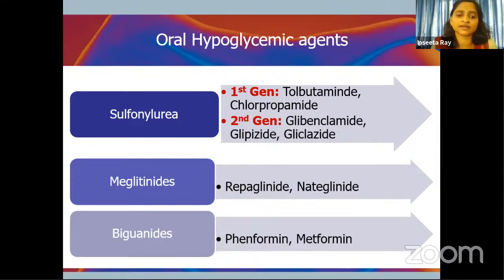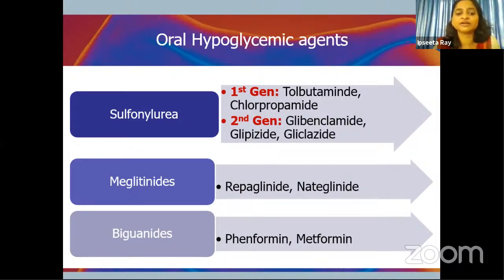Then you have meglitinides, repaglinide and nateglinide, which have action similar to sulfonylureas, but they have a quick onset of action and a short duration of action. So in case of postprandial hyperglycemia, they are the preferred drugs. Then you have biguanides. Metformin is widely used for the treatment of diabetes, so we should all know about metformin.